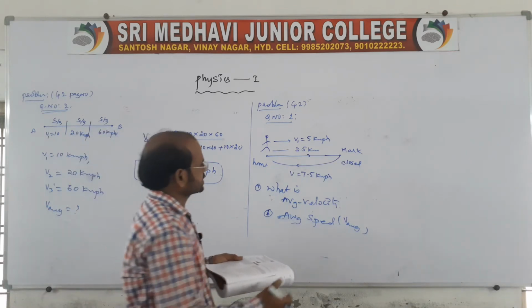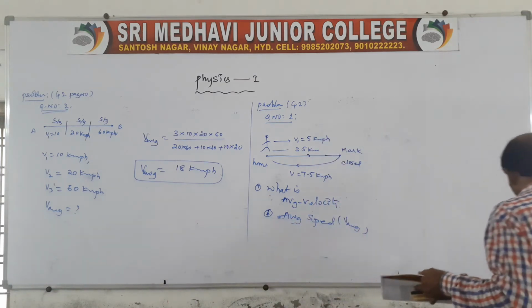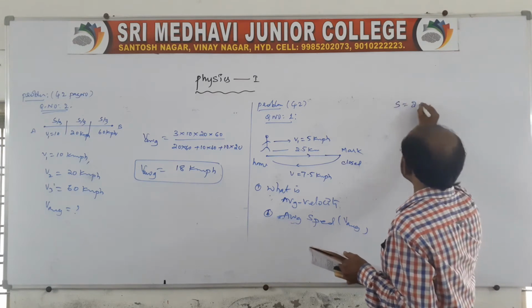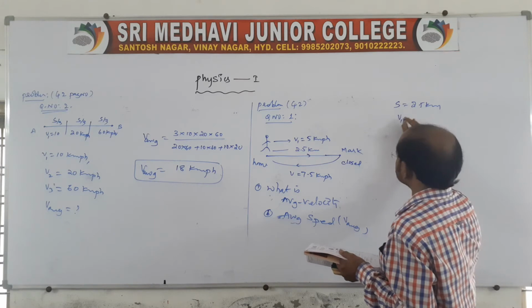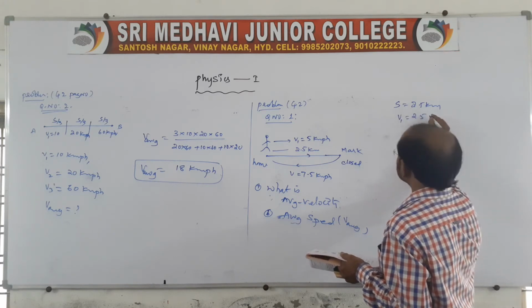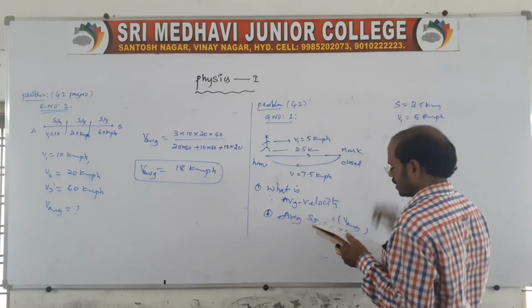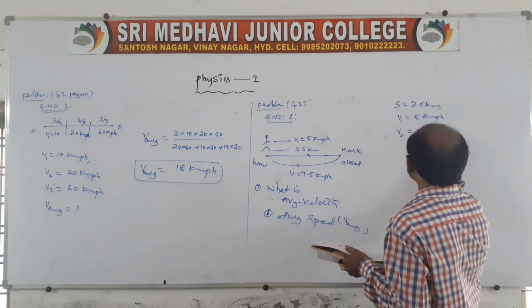So here a distance is given. How much distance is given here? It is 2.5 kilometer, right? So you take S is equal to 2.5 kilometer from his home, and he is walking with a speed of 5 kilometer per hour, and he returns back with a speed of 7.5 kilometer per hour.